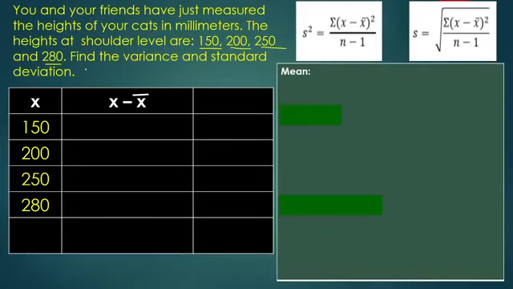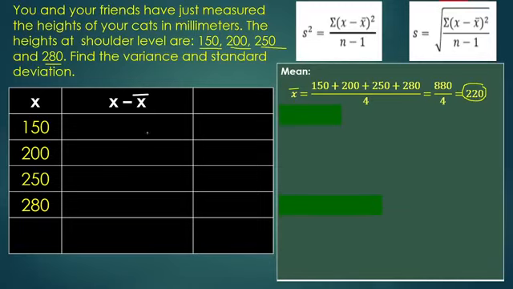Pila may divisor? 4. So 880. Correct. That's 880 divided by 4. How much is the mean? 220. So meaning, again, you cannot fill this up, this column over here, if you do not solve the mean first. So you need to have the mean.